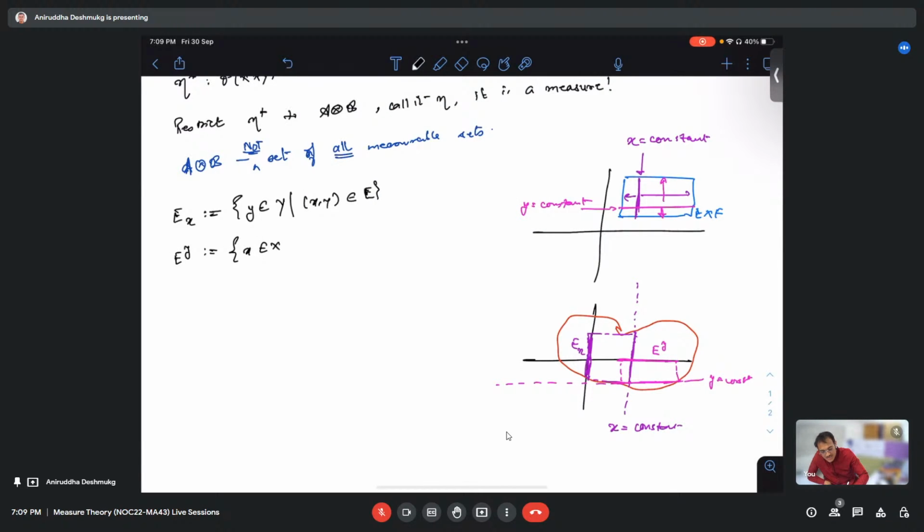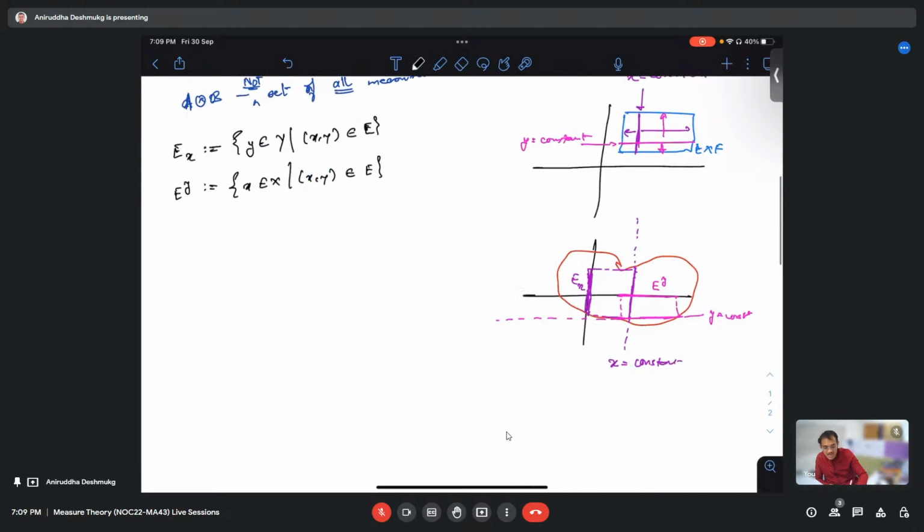All those x in X such that (x, y) is in E. And perhaps the most important result in all of this construction is that for measurable subsets inside A cross B, we can measure the measure of E using these sections in the following way, that we have seen that x goes to measure of Ex and y goes to measure of Ey.